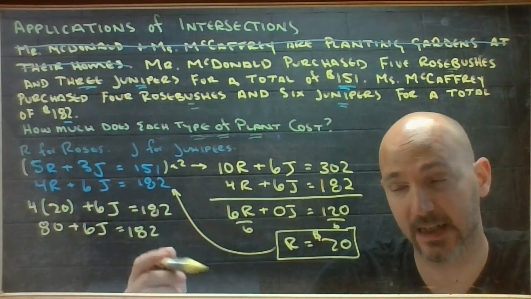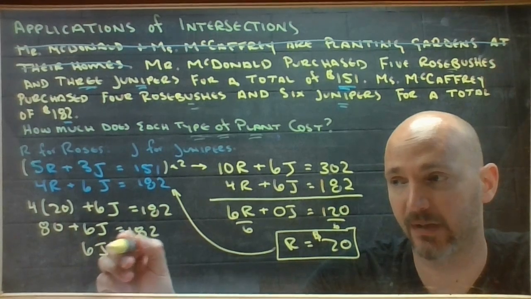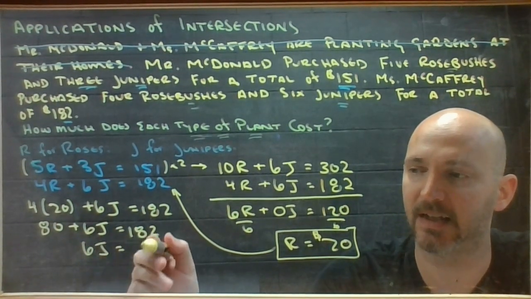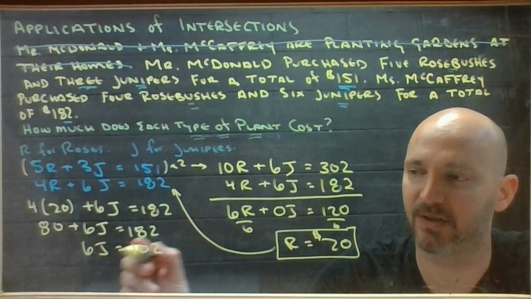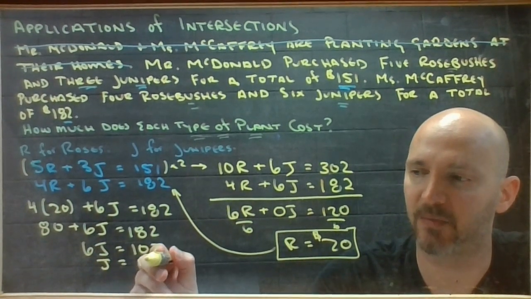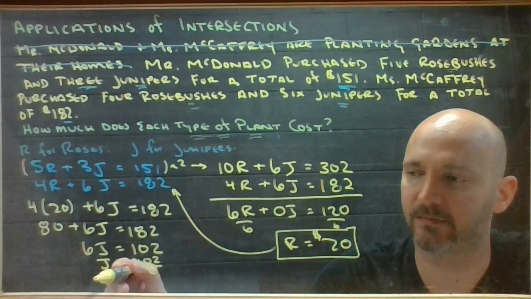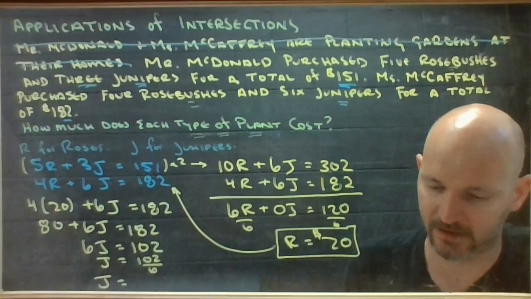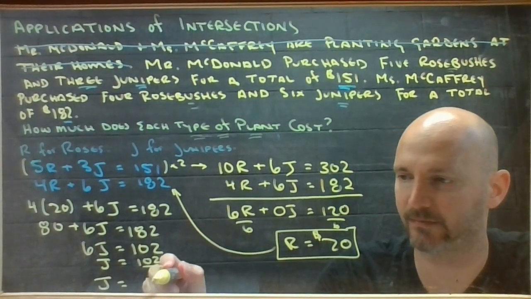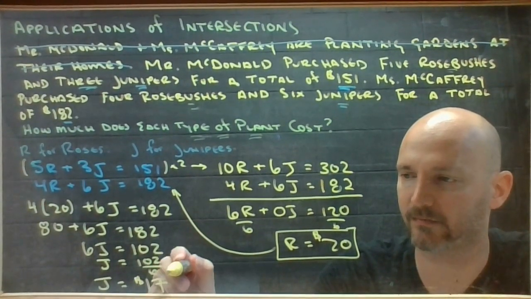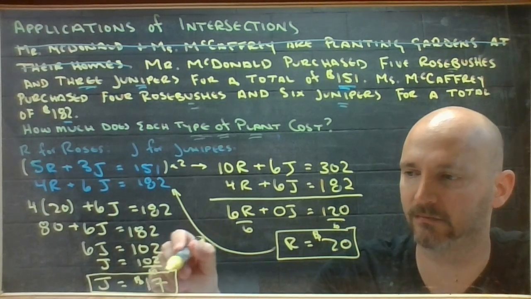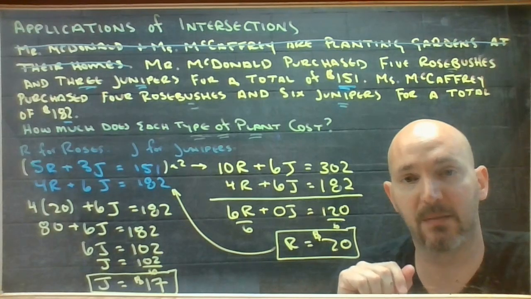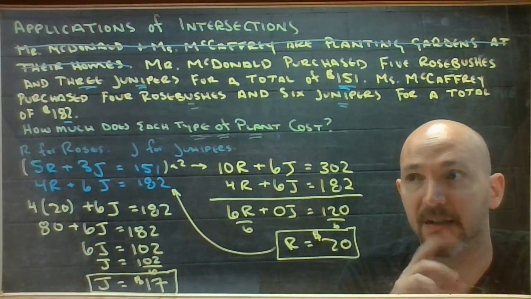So if I take that out, all that's left is what I spent on the junipers. So 182 subtract 80 would be 102. Divide both sides by 6. 102 divided by 6 is 17. So the rose bushes cost $20 and the junipers cost $17.